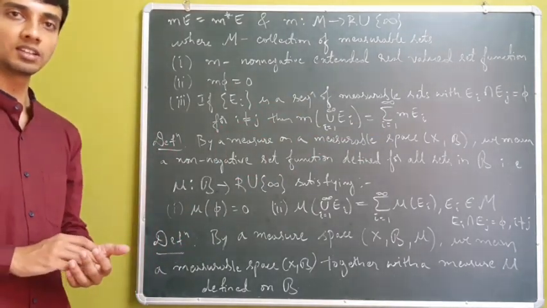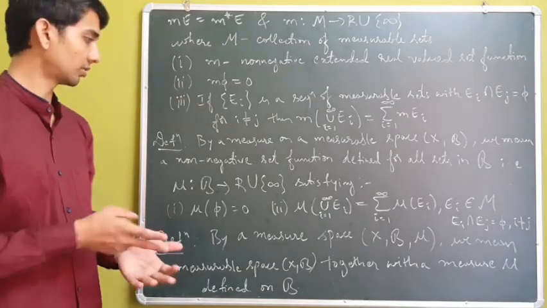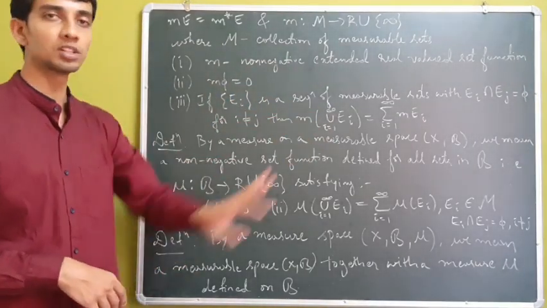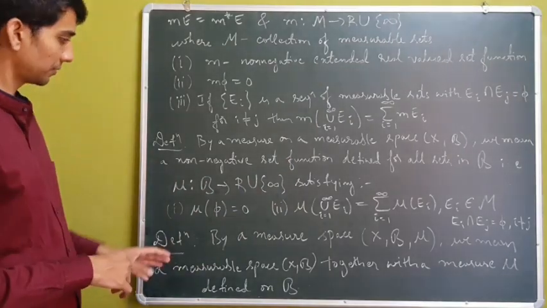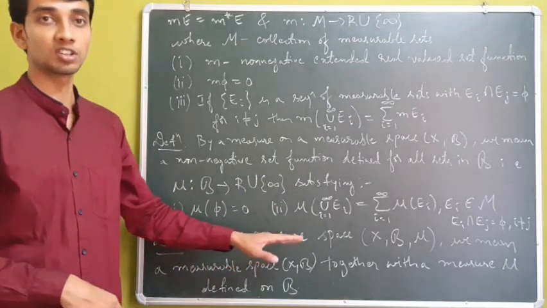So having learnt what we mean by a measurable space and what we mean by a measure on a measurable space, now we are capable of defining what we mean by a measure space.